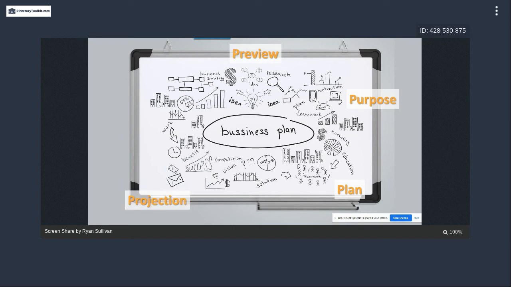And then we'll go into the projection, which is kind of the economics of the business. You've got to know what you're looking at doing and how you're going to get there, so you're going to want to look at the projections. The last part is the presentation. Once you have all that down, and a lot of times people will skip to the presentation or not do it at all, you can't give the elevator pitch.